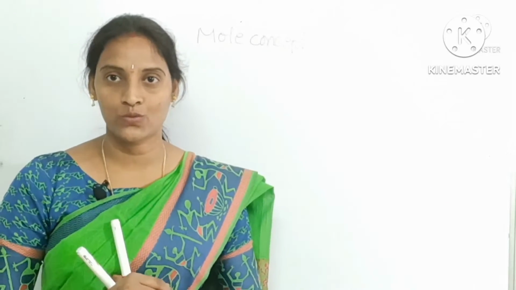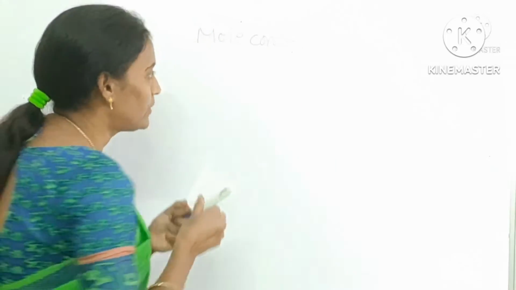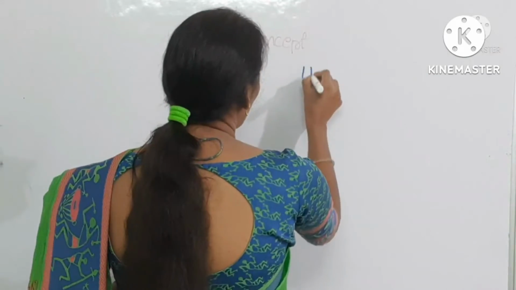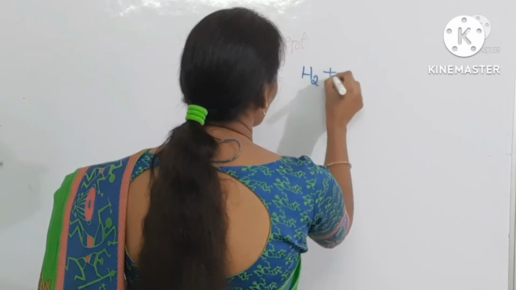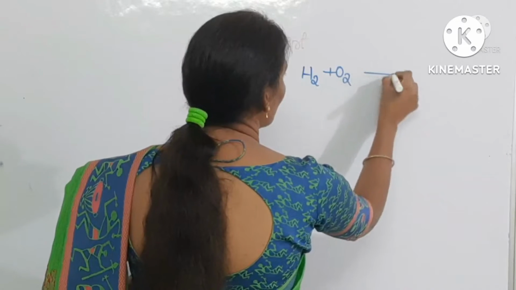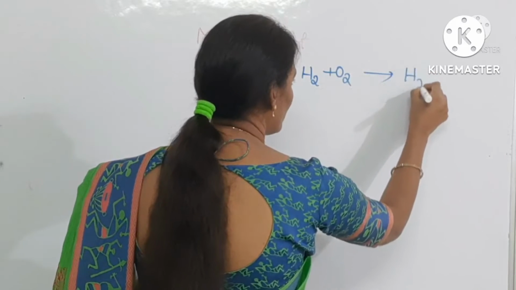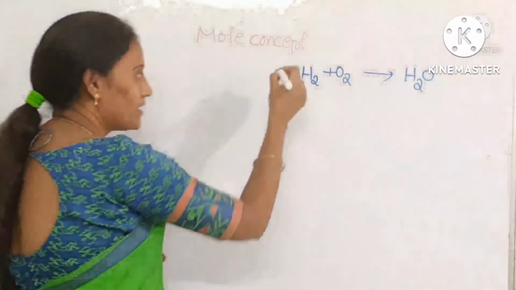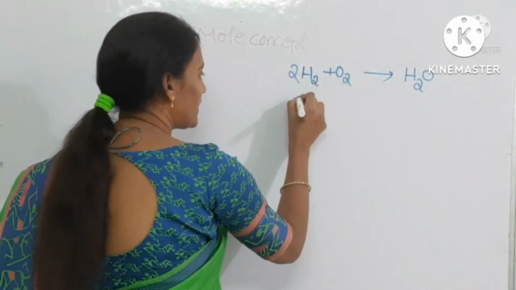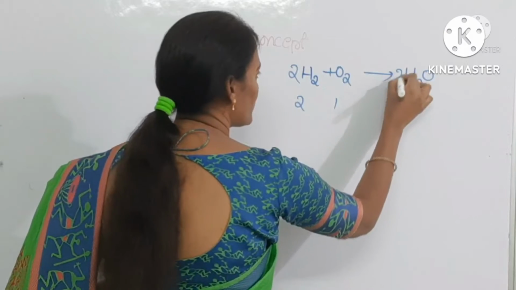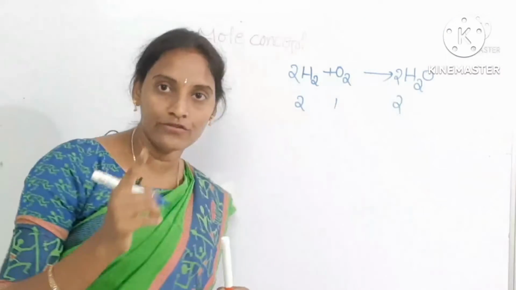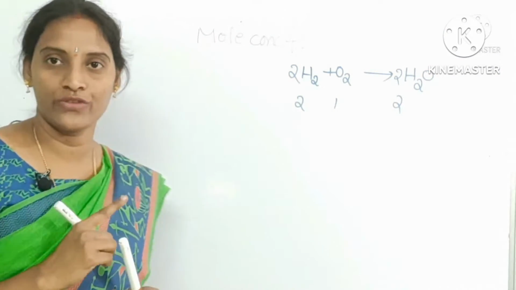To understand this, just take an example. Hydrogen reacting with oxygen, students, will form a water molecule. Here, two molecules of hydrogen react with one molecule of oxygen, and they will form two molecules of water. This is one way of representation.